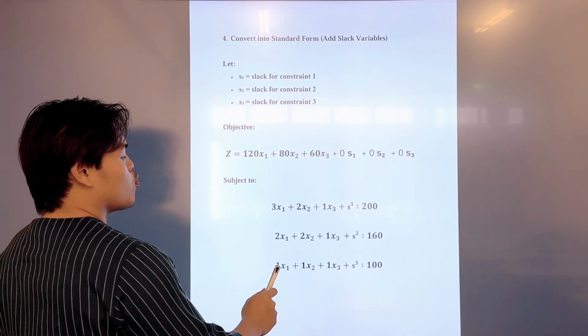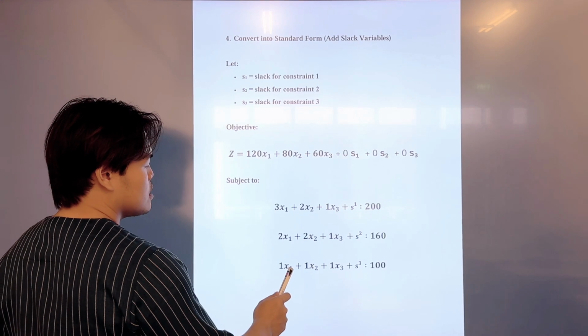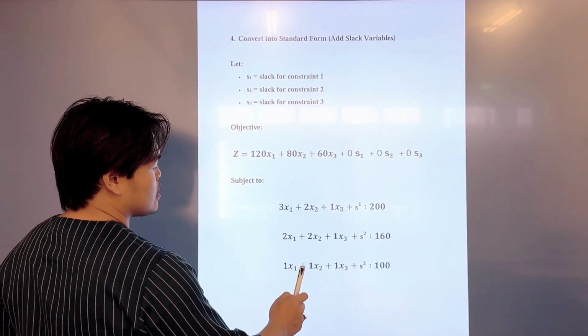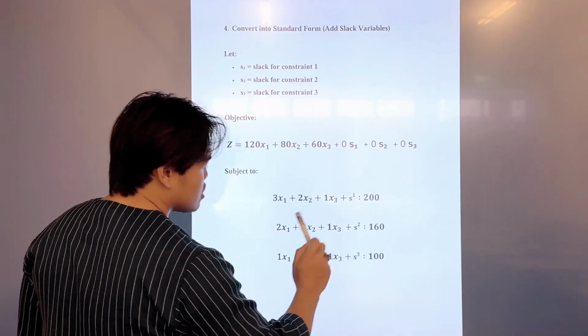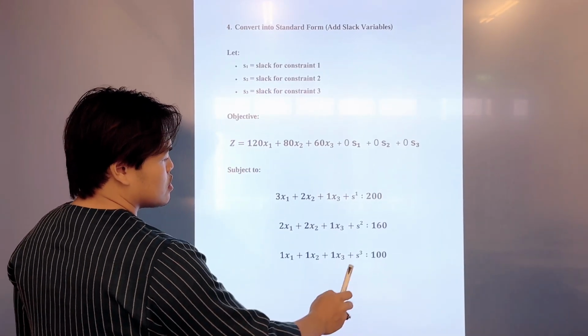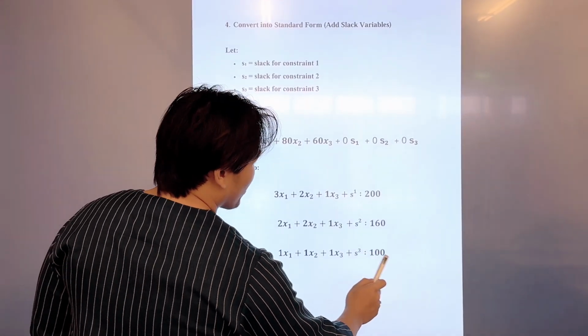And for operation C: 1x1 plus 1x2 plus 1x3 plus s3 equals 100.